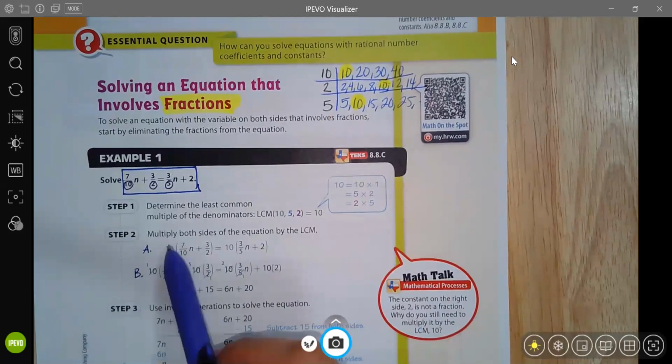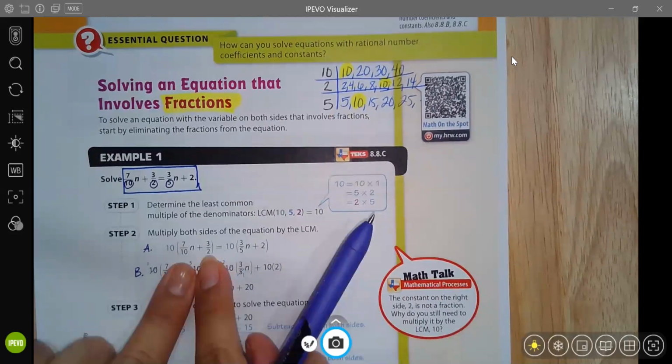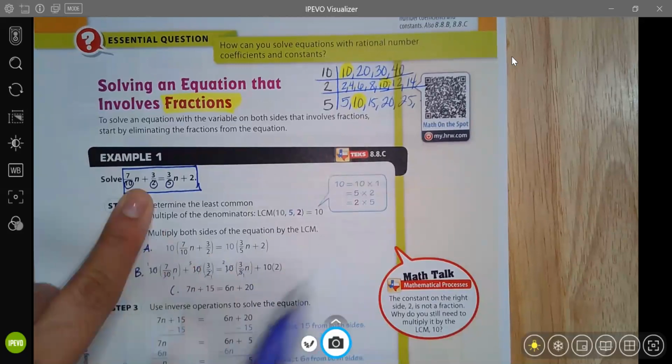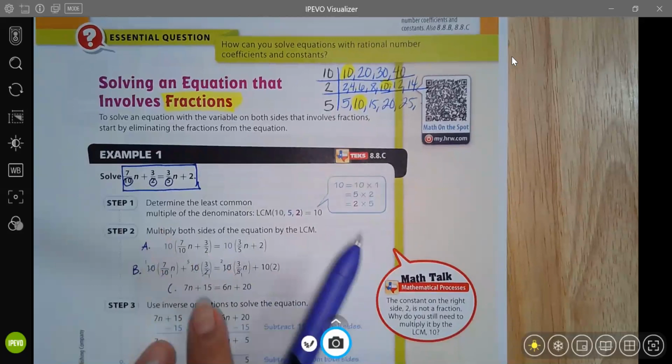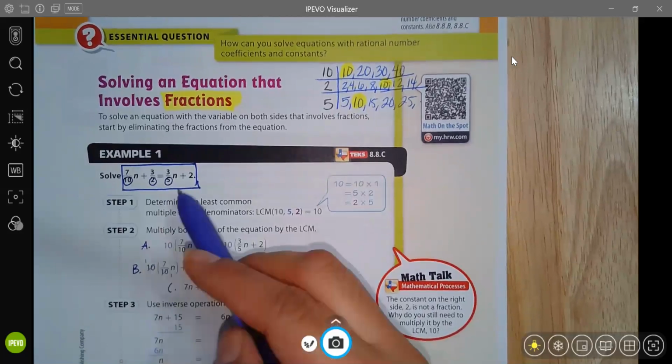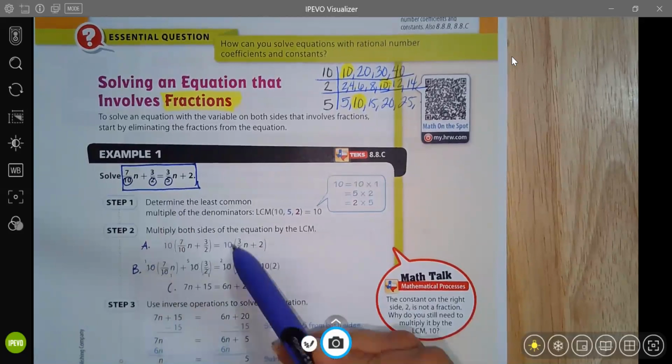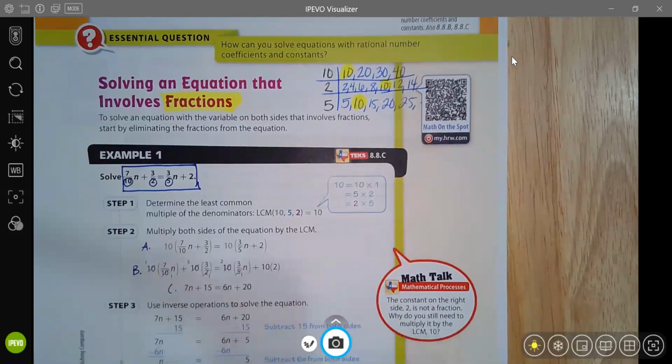So this is our LCM, 10 and 10, and they took each side. They took this first side, 7 tenths n plus 3 over 2, and they're going to multiply it by 10. And then the other side, 3/5 n plus 2, they're going to multiply it by the LCM 10.